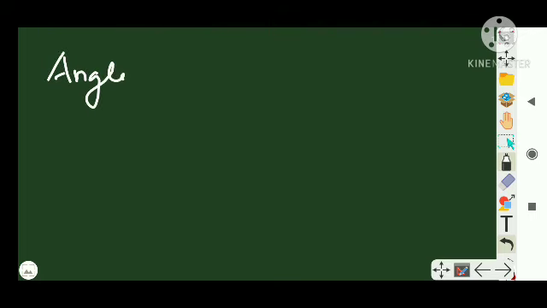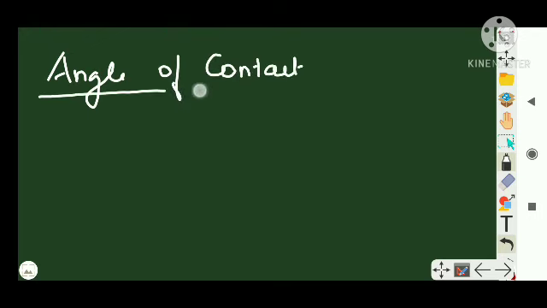Now the next topic, which is very important in case of your NEET etc., is the angle of contact. This is your textbook NCERT topic. The angle of contact, usually denoted theta, is the angle at which a liquid interface meets the solid interface.